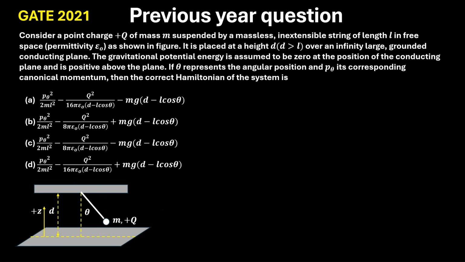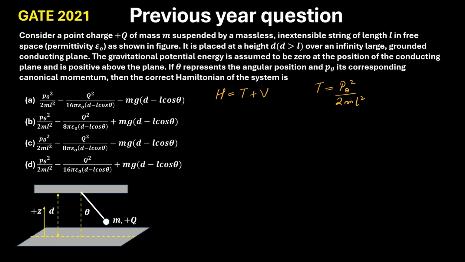Here we don't have any loss in the system, so the Hamiltonian H we can write as a sum of the kinetic energy and the potential energy term. The kinetic energy is given by p_theta squared by 2ml squared. This is a standard expression of the kinetic energy for an oscillating system, a simple pendulum.